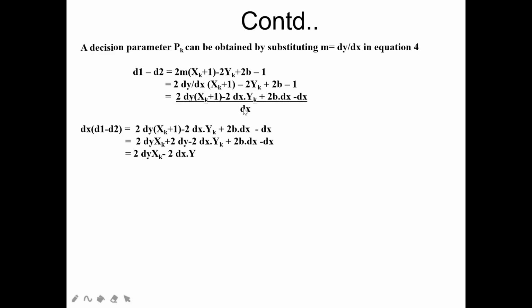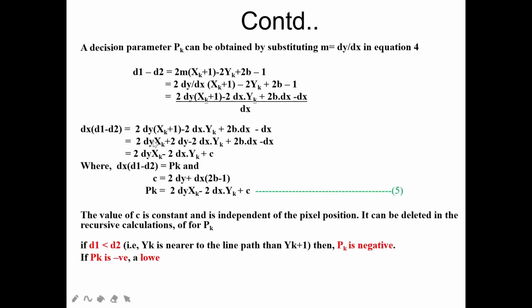Then minus, dx multiplied with 1 will be dx. So this is the value I got from d1 minus d2. Now in the next step, this dx you directly multiply with this value. So I will get dx into d1 minus d2, and whatever was there, just keep it like that.